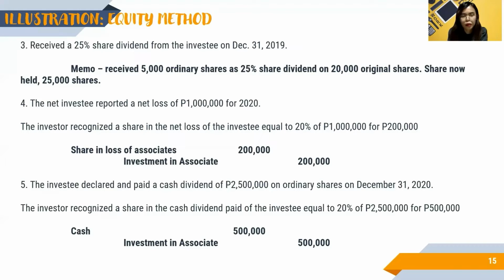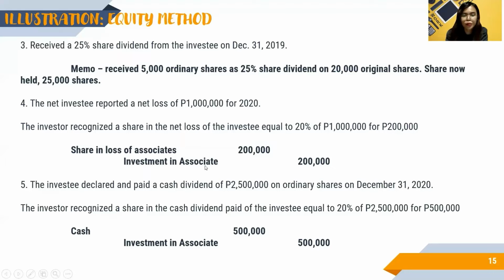So, under equity method, bumaba yung equity ni associate. So, magdi-decrease din yung investment in associate ni investor. So, ang entry dito is debit to share in loss of associate, credit to investment in associate na 200,000.